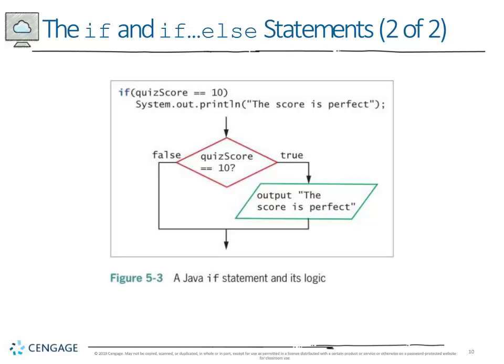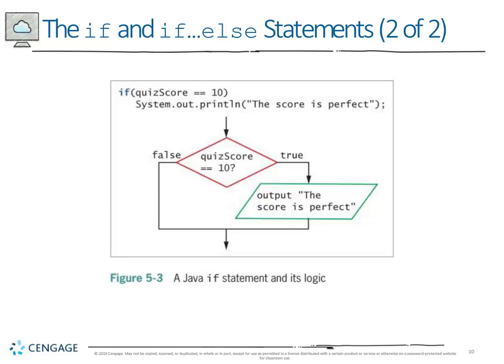It is used to decide whether a certain statement or block of statements will be executed or not. For example, if a certain condition is true, then a block of statements is executed, otherwise not. In this example, we have if quiz score equal 10.